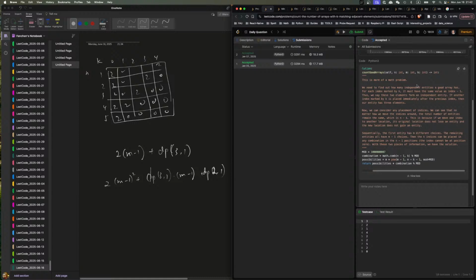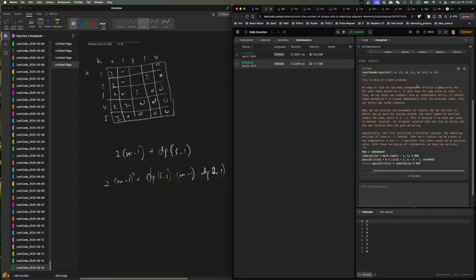Wait, how does that work? We can see that no matter how we move the indices around, the total number of entities remains the same, which is n minus k. If we move one index to another location, its original location does not lose an entity and the new location does not gain an entity. Huh?